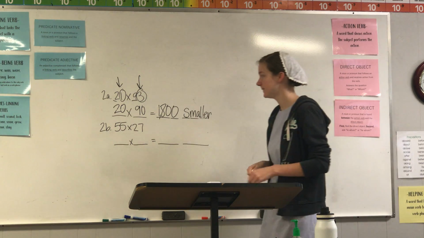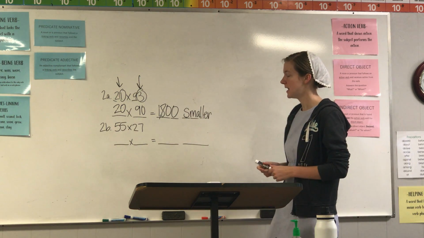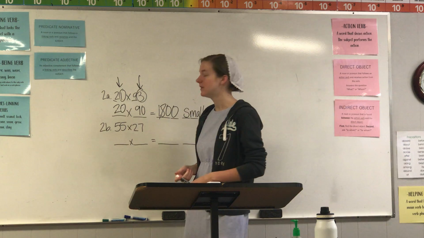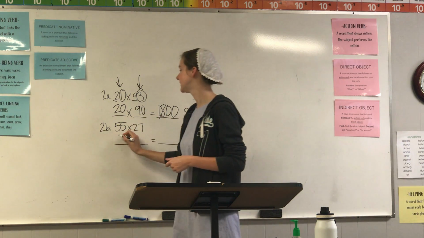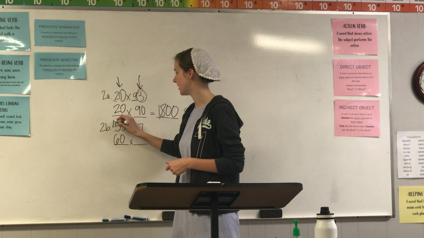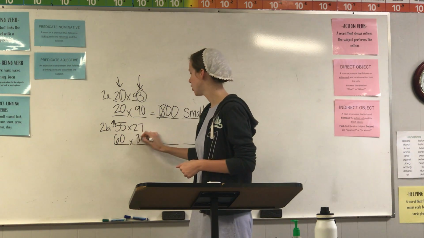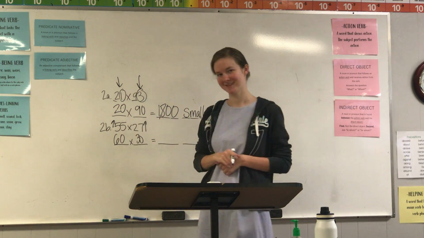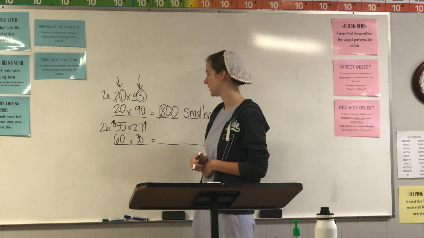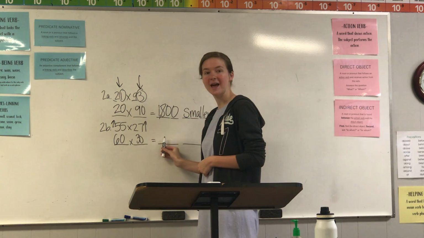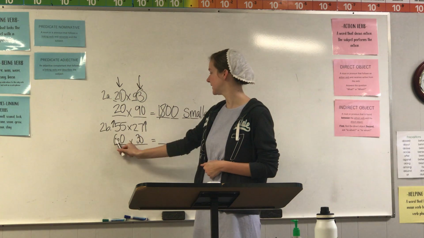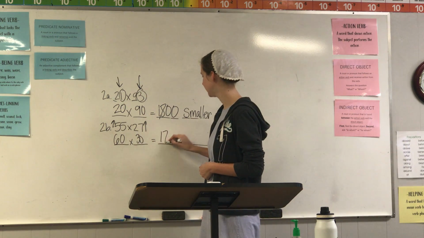2B. 55 times 27. Let's round to the nearest 10. 55 rounded to the nearest 10 is 60. We rounded up to 60. 27 rounded to the nearest 10 is 30. We rounded up. Okay. So let's go ahead and multiply and find our product. 6 times 3 is 18.